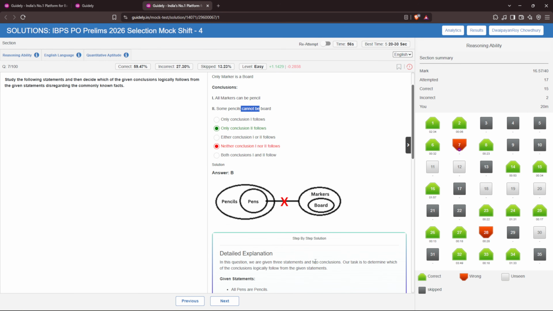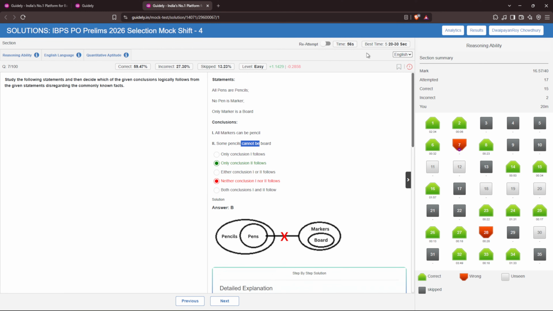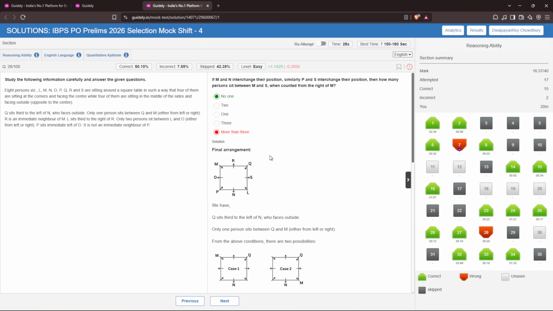Some pencils are not both, but cannot. All right. And this one. Okay, right of M. I was asked. So right of M, it's absolutely no one.